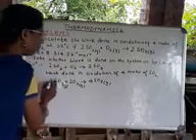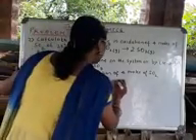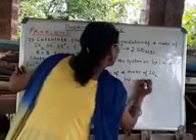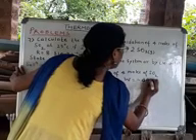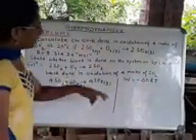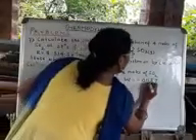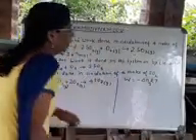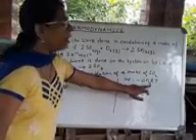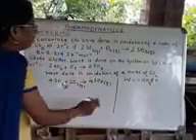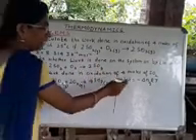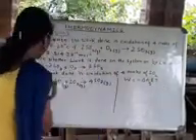As we all know, the formula for work done is W equals minus delta n_g R T. In this, the R value is given, and T is given.